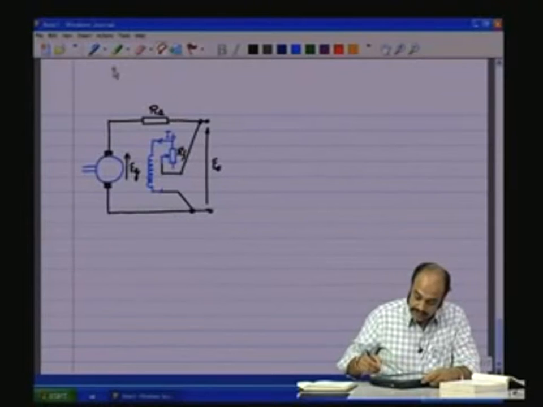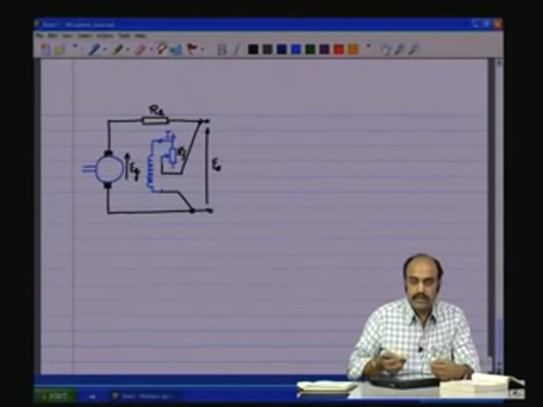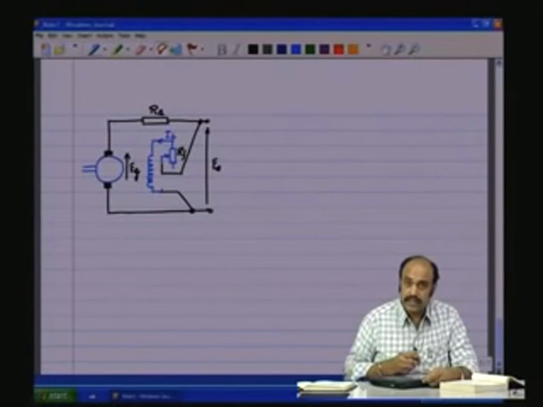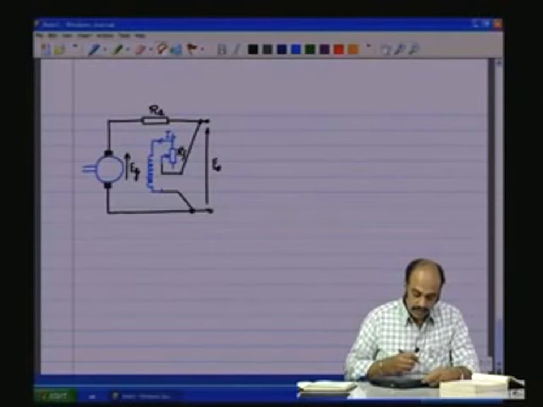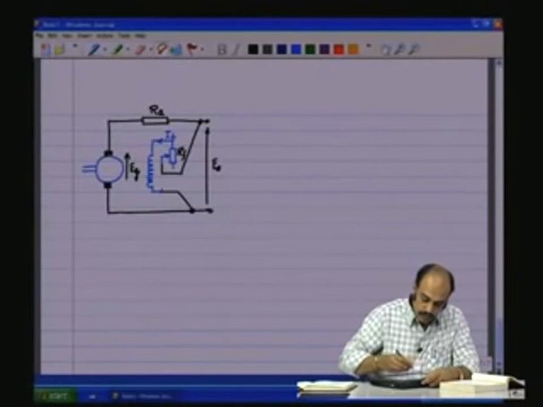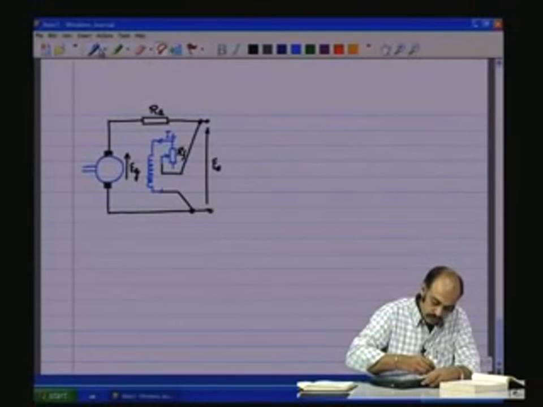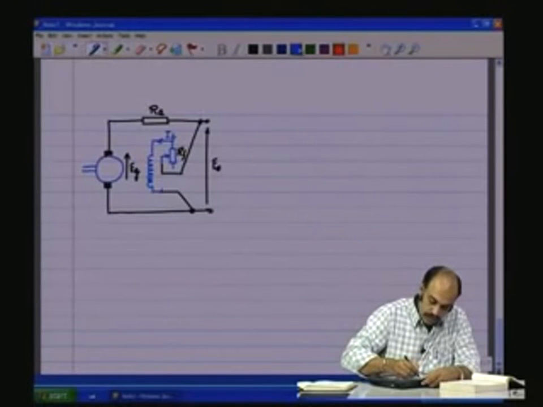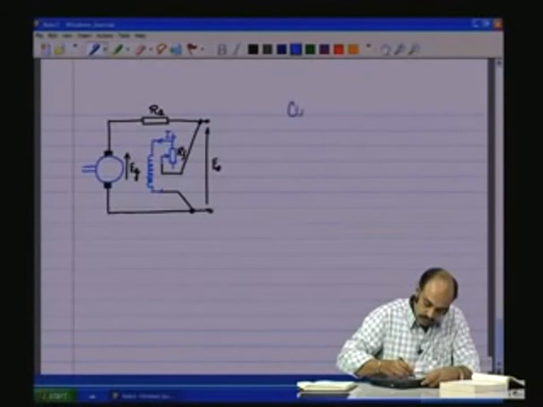Now, the shunt excitation is also called self excited because the excitation is taken from the same machine rather than from a different source. So, what do we do for a compound excitation?